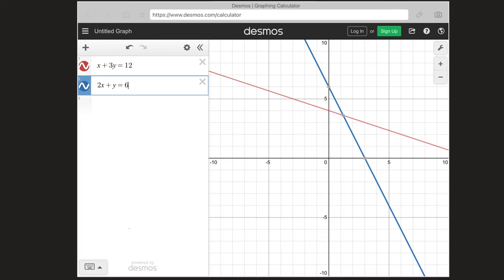And if I hop onto Desmos and I just select that point, you're going to notice there is our solution. Now, Desmos represents it as decimals, but you'll notice if you do a quick conversion, your 1.2 is 6/5, and your 3.6 is going to be 18/5. There is our point of intersection.